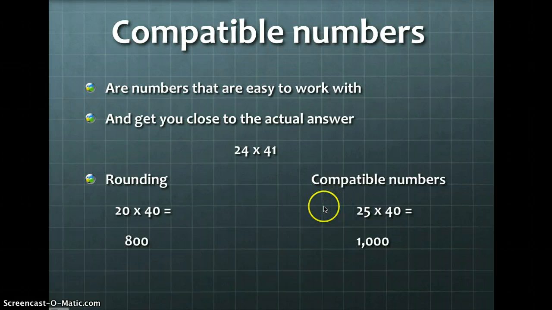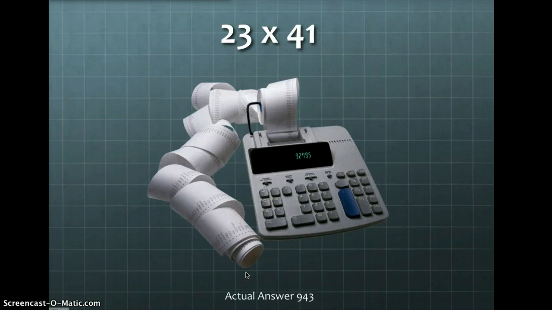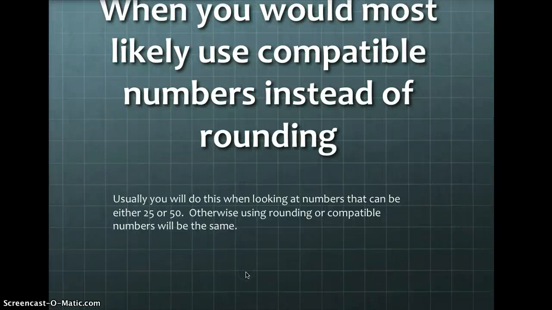So if we go and look at the actual, because remember when you're estimating, you want it to be as close as possible, the most accurate that would be without having to get the exact answer. So we have 800 or we have 1,000. And the actual answer to 23 times 41 is 943. So you see that using compatible numbers is closer. So when would you most likely use compatible numbers instead of rounding?